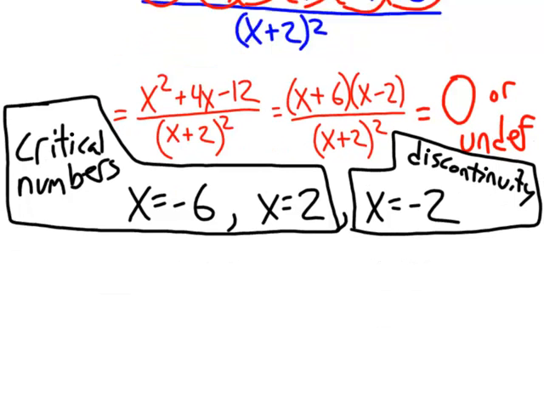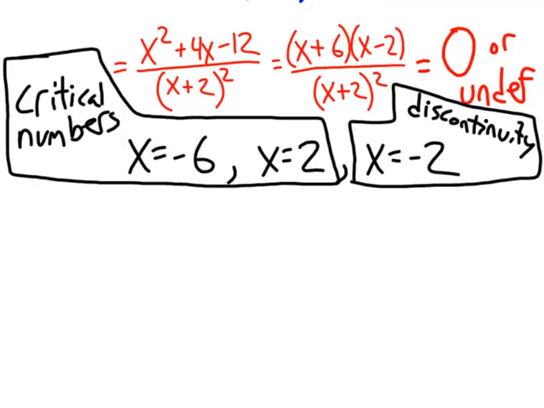And the reason why we still want to acknowledge it is because when you think about the fact that we're trying to find increasing, decreasing intervals, a discontinuity could definitely be a point at which the function changes from, let's say, decreasing to increasing. So that definitely could be a point where the function changes behavior, so that's why we don't want to ignore it.